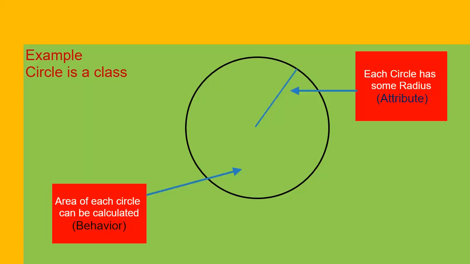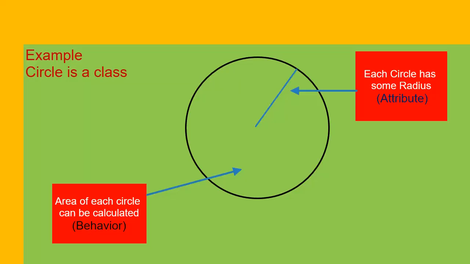As we know that each and every circle has some radius, we also know that the area of each circle can be calculated with the help of radius. So the radius is the attribute of class circle, and the area, or the feature by which we can calculate the area of circle, is the behavior of class circle.